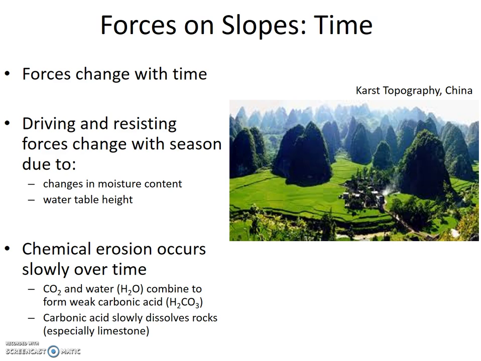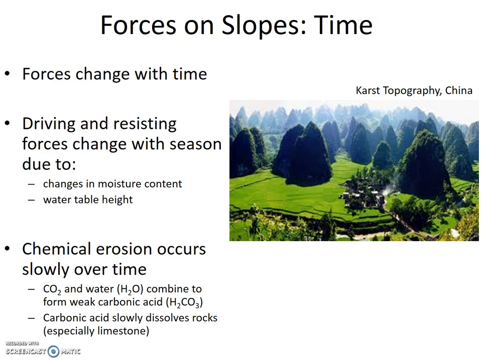Time is another force on slopes. It was just a matter of time. Forces change with time. Driving and resisting forces change with season due to changes in moisture content and water table height. Chemical erosion also occurs slowly over time.